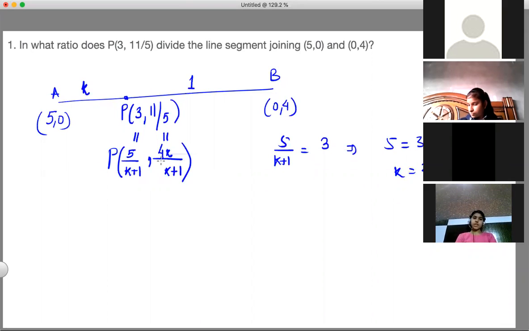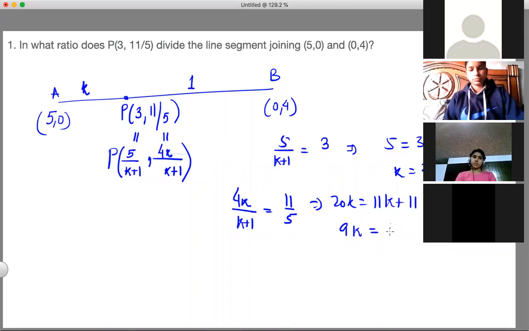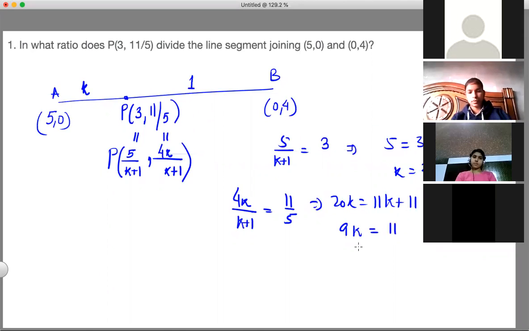Right? Let's also do this. 4k/(k+1) is equal to 11/5, implies 20k is equal to 11k+11, which means 9k is equal to 11 and k is equal to 11/9.